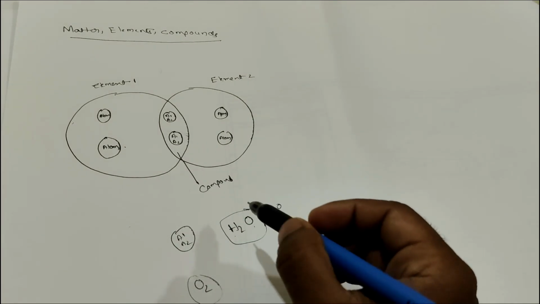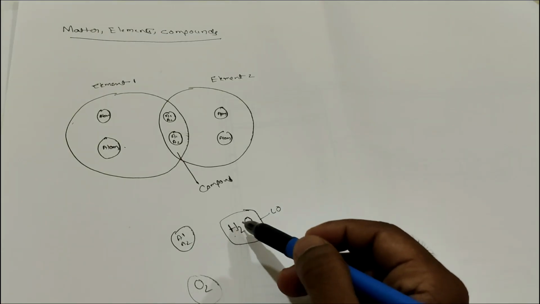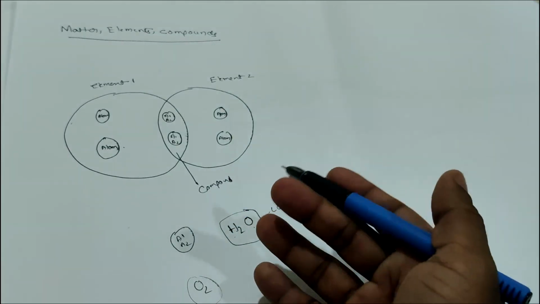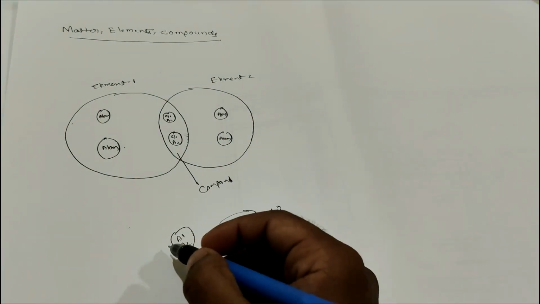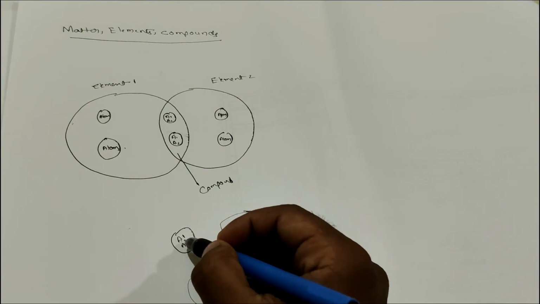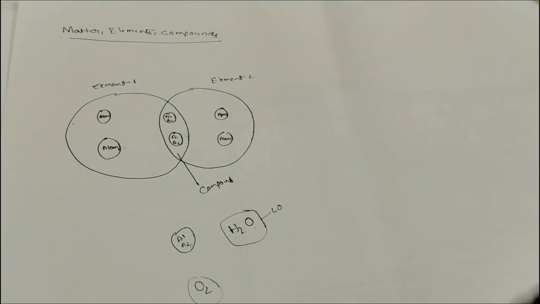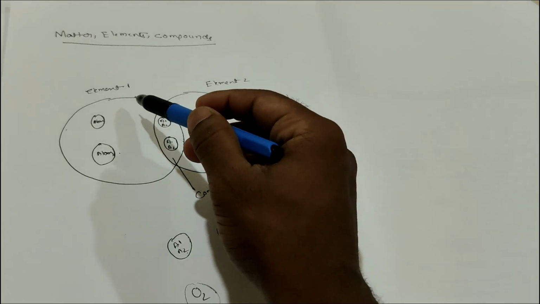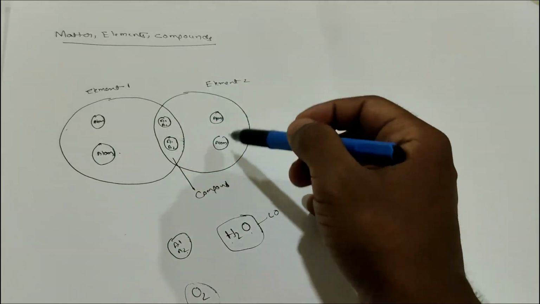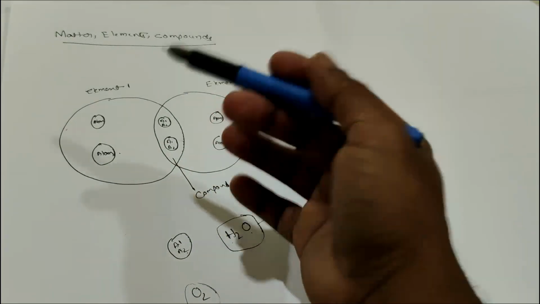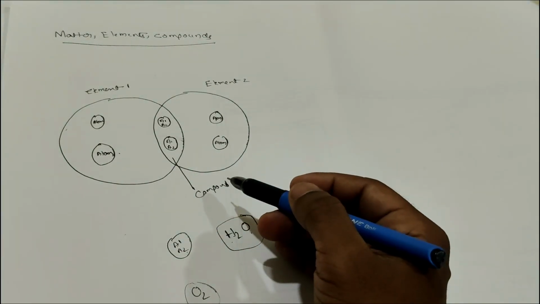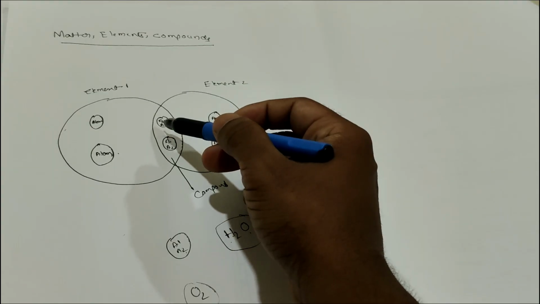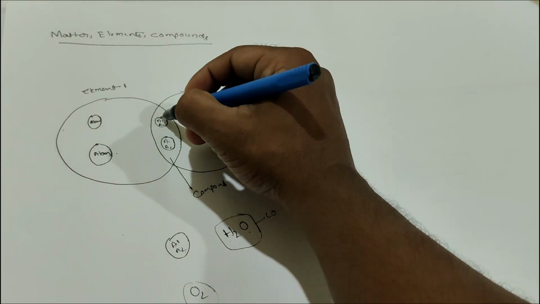And the smallest part of this compound that still contains the same properties of this compound we call molecule. So molecule is nothing but combination of two different atoms. So let's understand properly. Compound is combination of two different elements or more than two. And the combination of two or more different atoms we call molecule.